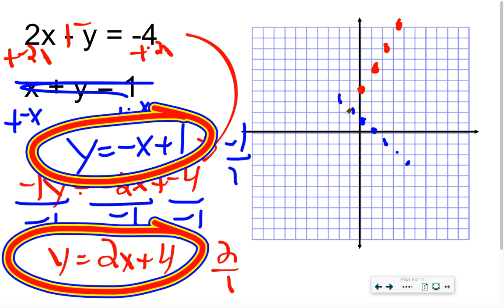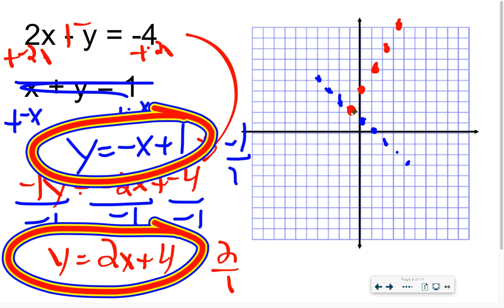Up 1, left 1, up 1, left 1. Being obnoxious, I know, but that way I can find where my intersection point is. Going back to the red line, instead of going up 2 and right 1, we're going to do the opposite. So go down 2, left 1.